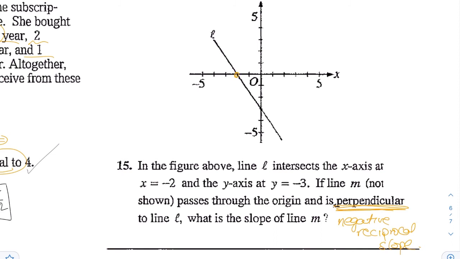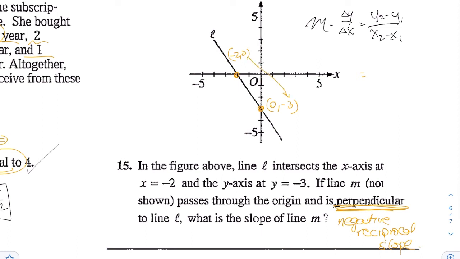So for line L, you have 2 points, which allows you to find the slope. So you have a point (0, -3), the y-intercept, and (-2, 0), the x-intercept. And the equation for slope, which is change in y over change in x, or y2 minus y1 over x2 minus x1. When you substitute in, you have to keep the order.